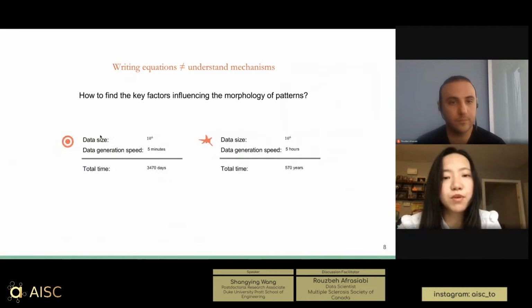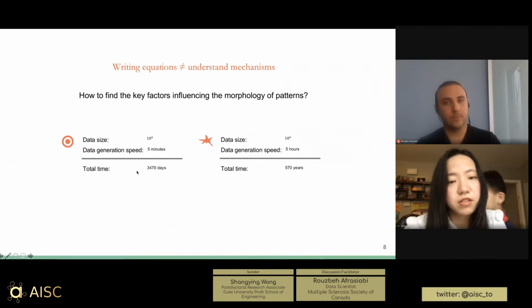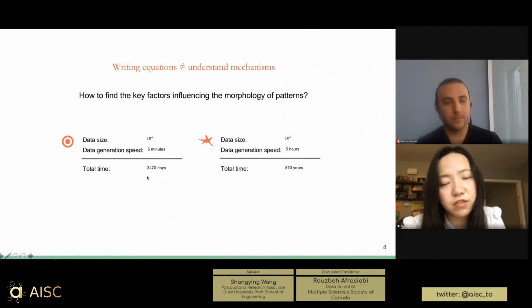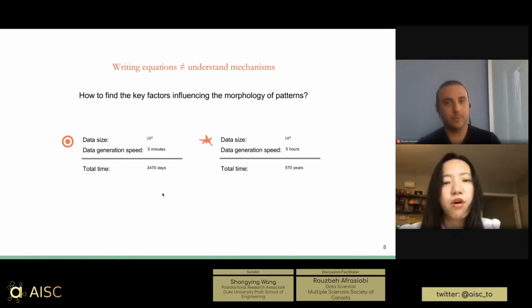However, if you do a simple calculation, this is the data set that we want to generate. Even if each data point needs 5 minutes in numerical simulations, the total time is 3,470 days. Sometimes we can use a cluster to make it faster. However, even with a cluster, it still needs a long time to generate all these data.